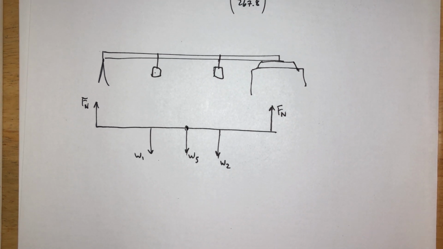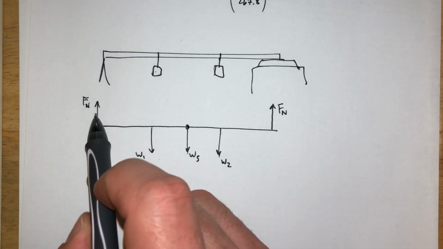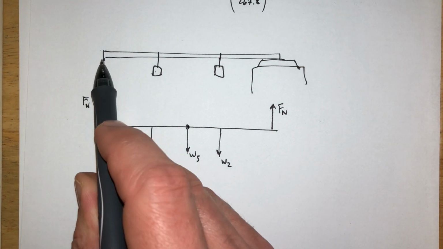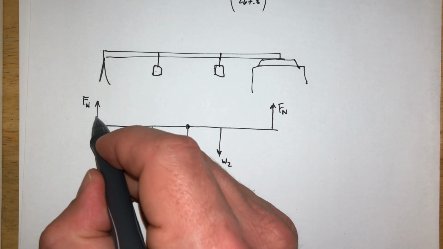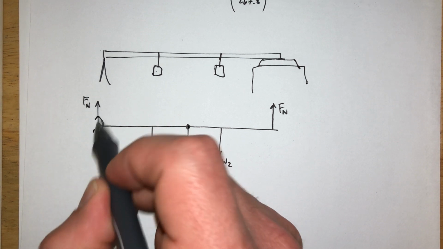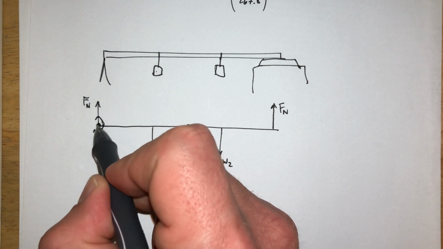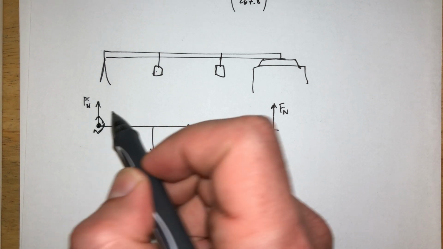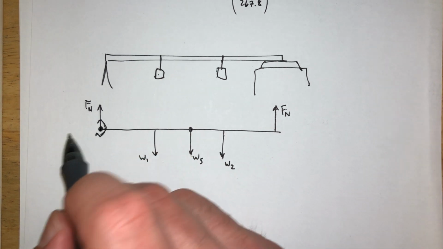I think you're going to need to use the torque equation for equilibrium, and I think that you should pick this as your axis of rotation, because then we won't need to know the force from the fulcrum. It's not something we measure, so if we pick this axis, then the vector from the axis of rotation to the point of action of the fulcrum's force is 0, and so that torque will be 0. So that means we don't need to know it, which is great.